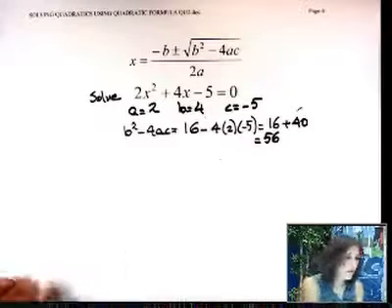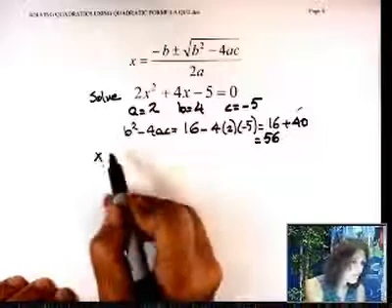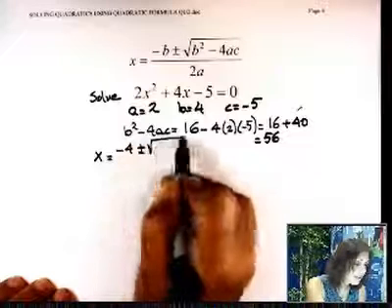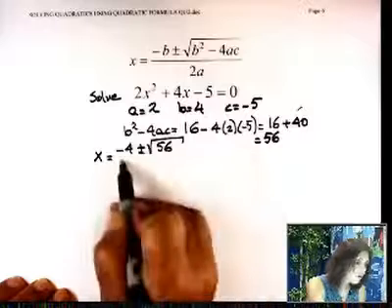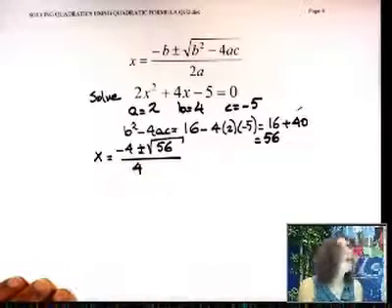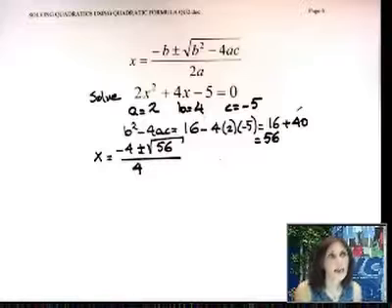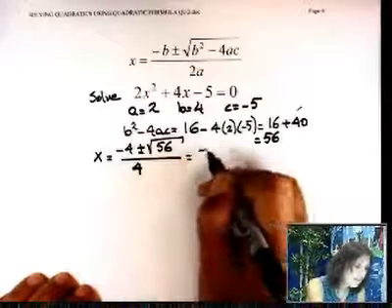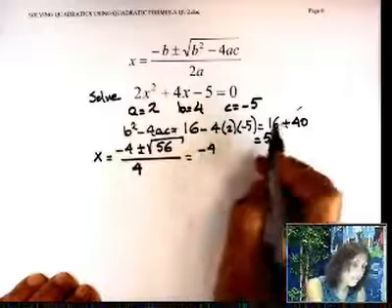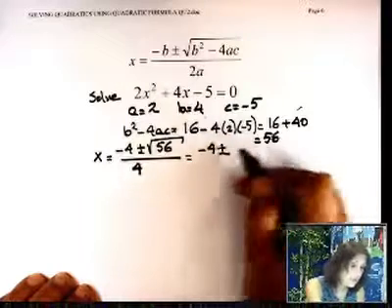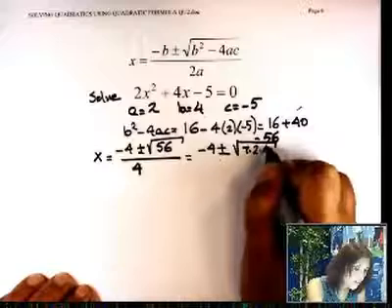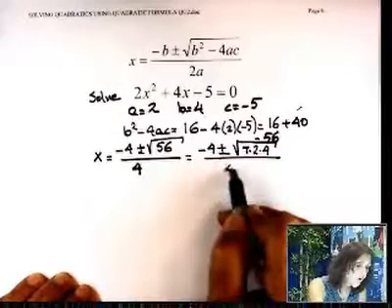All right. Now what do you have? x equals negative b, which is negative 4, plus or minus the square root of 56, over 2a. What is 7 times 7? It is 49. 8 times 8 is 64. 7 times 8 is 56. So let's go and write that. 56 is 4 times 14, so 2 times the square root of 14, all over 4.